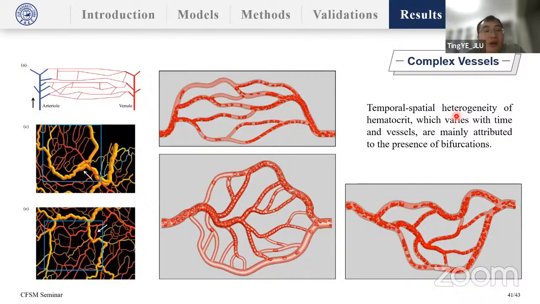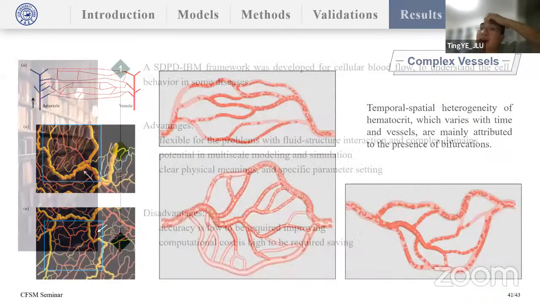Moreover, for the same vessel, the hematocrit is also different at different times. This is a temporal heterogeneous distribution. This heterogeneity is mainly attributed to the presence of bifurcations. Okay, that's the second simulation study.